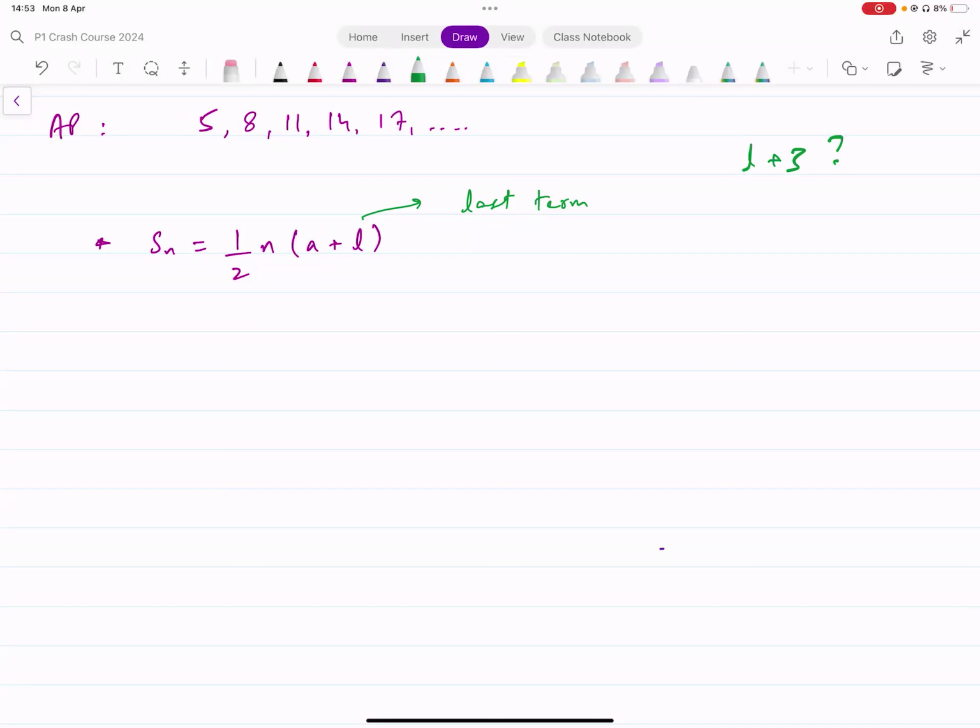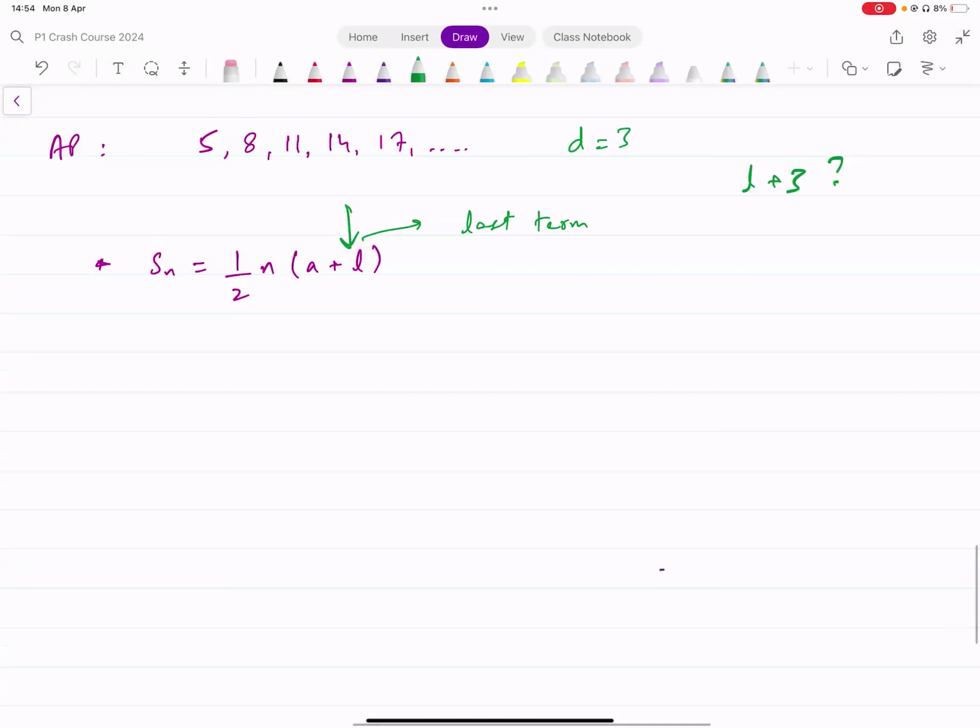How are 3 terms added in the sequence? 5, 8, 11, 14, and 17. That's 5 terms. What do you mean 3 terms are added? Sir, I mean 3 is added into the sequence. So 3 is the difference. How does that relate to the last term? That doesn't have anything to do with the last term here as such.